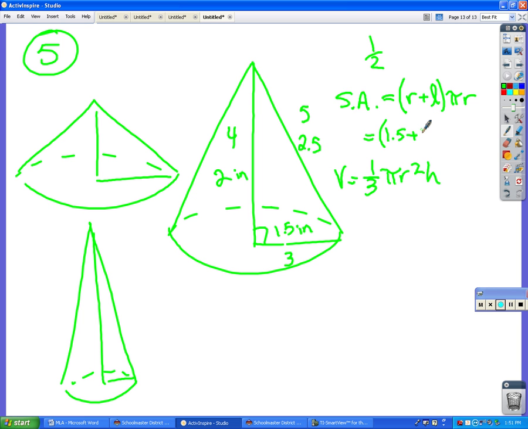So it's going to be 1.5 plus 2.5 times pi times the radius again, which is 1.5, so you can figure that out on a calculator. And you can also figure out the volume on your own. Trust me. We're short on time, so we'll call it quits there.